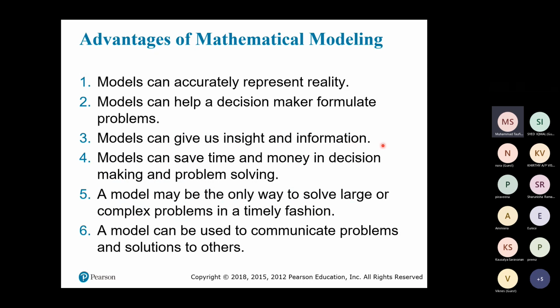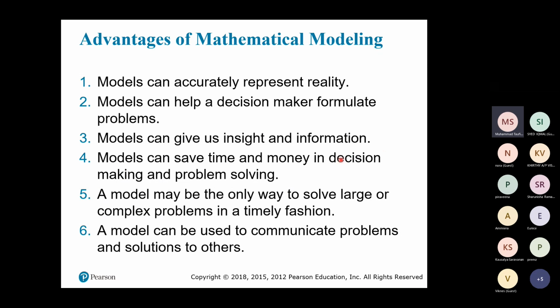Based on the parameters, we can use the model to understand the problem. If you clearly understand the question, then the model itself can give you some information about the problem.